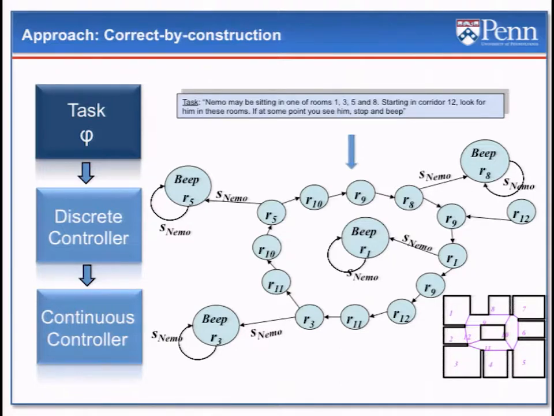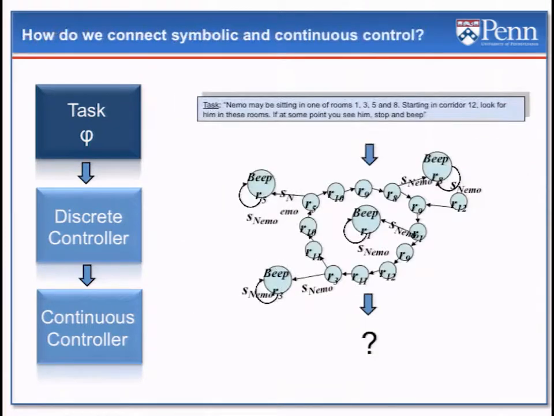So you synthesize a discrete controller, which automatically, if the specification is satisfiable, gives you the software that meets the specification. Now, this is of course still the discrete controller. It's at the discrete level. We still have to deal with how we're going to transition this to the continuous level. We still have some differential equation somewhere down there, or discrete time system or something. So we still have to map this to a lower level.